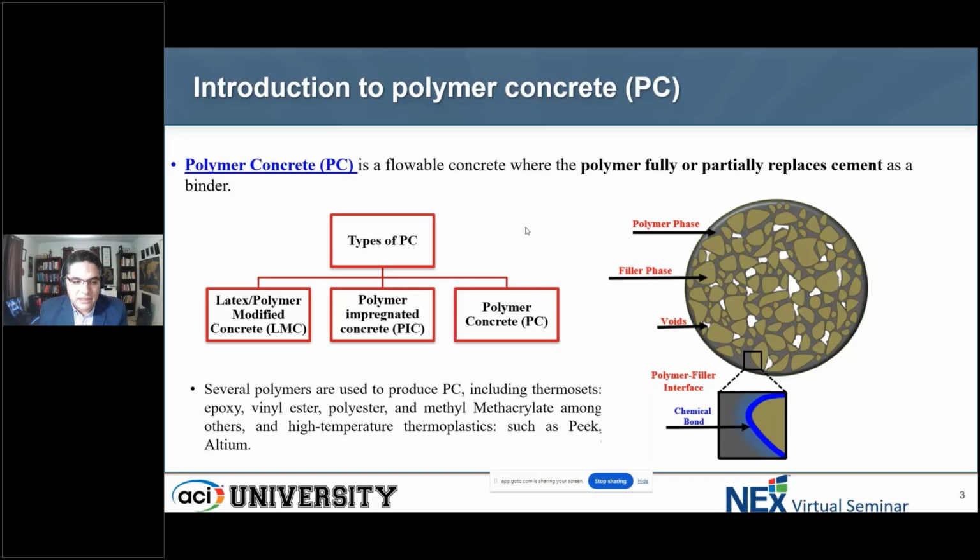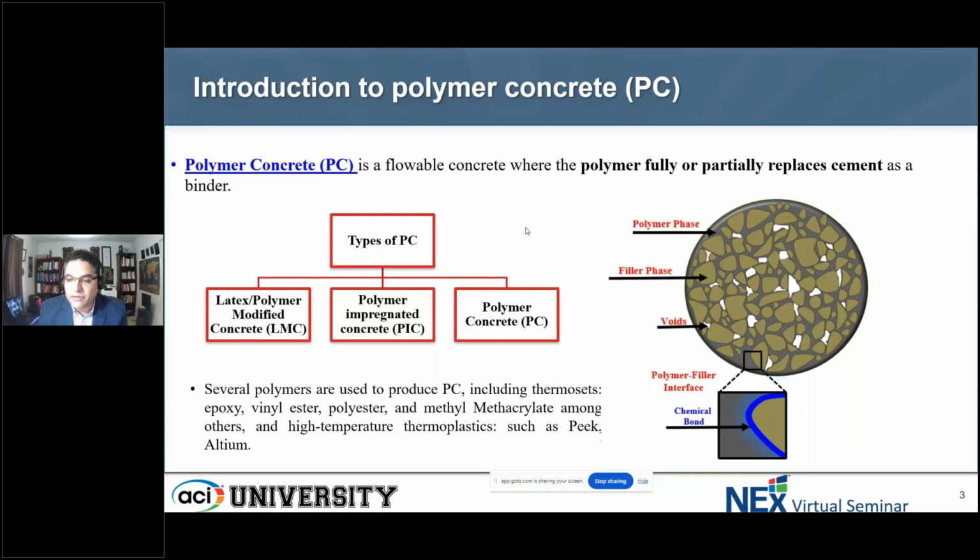Polymer impregnated concrete is a type of concrete developed in the early 1950s and 60s. Basically you produce a porous concrete, then you impregnate it with polymer, and then you polymerize this polymer inside. And then the third is the polymer concrete, where we completely replace the cement binder with a polymer binder. And we have the polymer concrete.